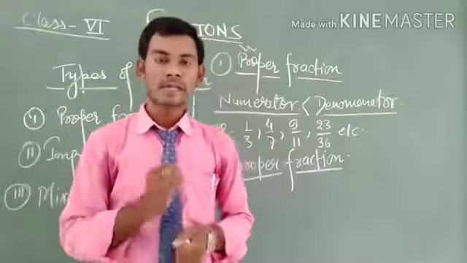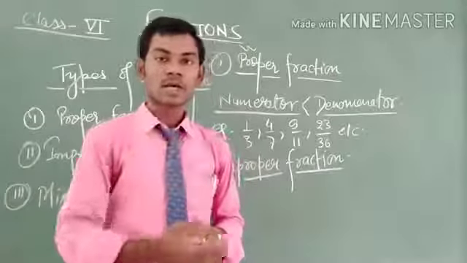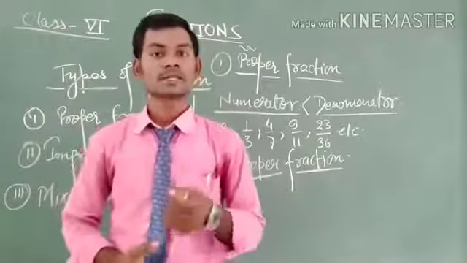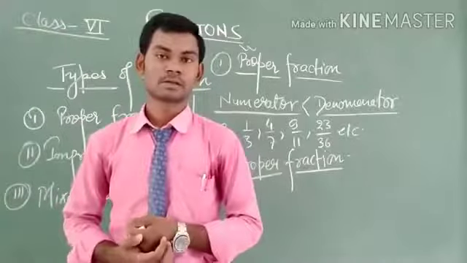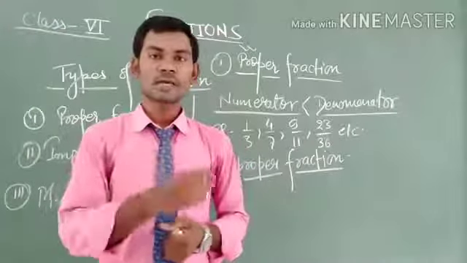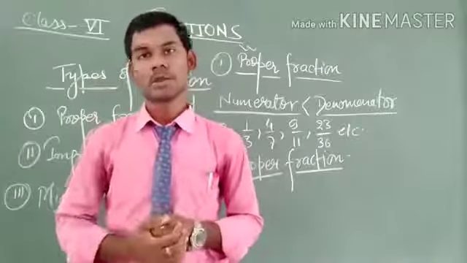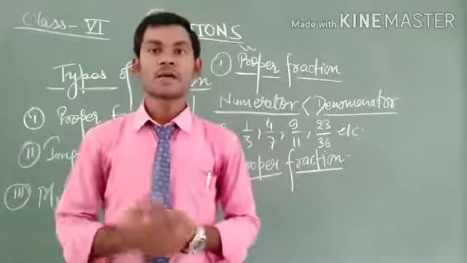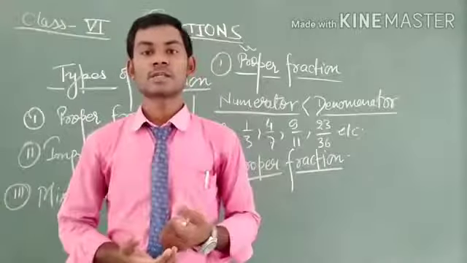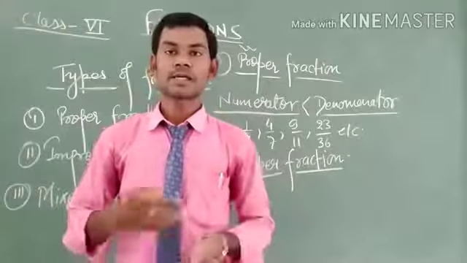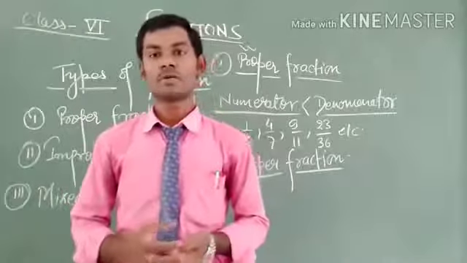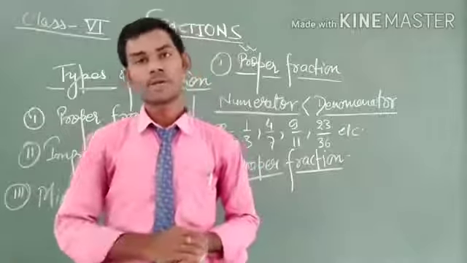And the sentence, the converse of proper fraction, is quite equivalent to the opposite of proper fraction. Or we can simply define a fraction in which the numerator is greater than the denominator as improper fraction.